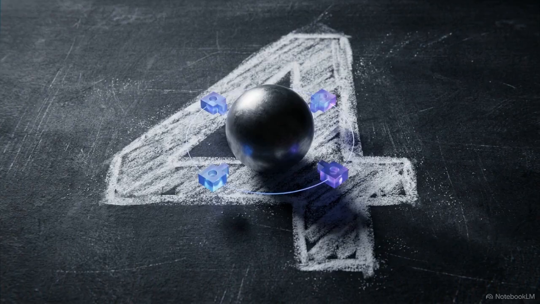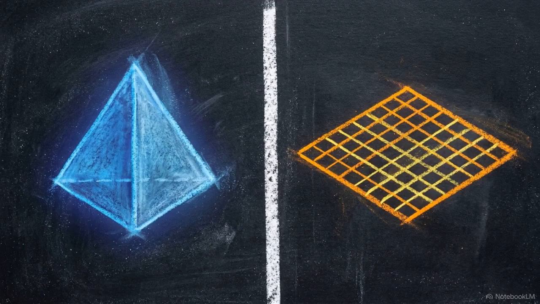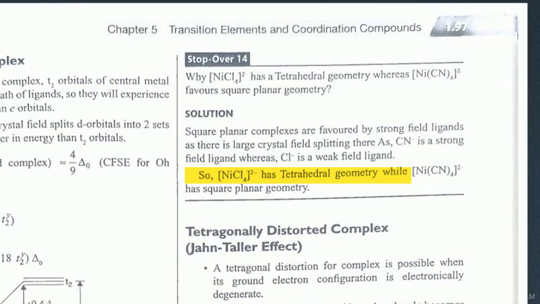That internal electronic shift becomes highly visible in complexes with a coordination number of 4, where the metal must adopt one of 2 drastically different 3D shapes. This text explains why the nickel chloride complex forms a tetrahedron. Chloride is a weak field ligand, meaning the nickel's d electrons remain unpaired.